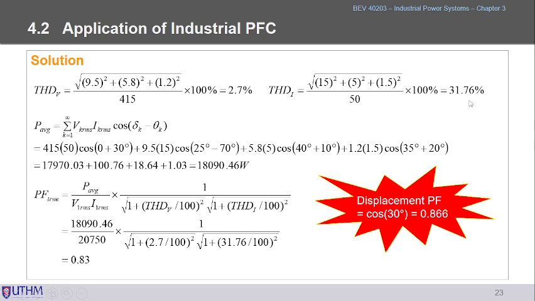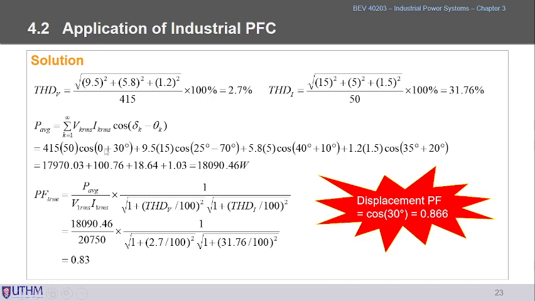It's too much, 31%. And the P average, how to find the P average? P average is the summation of V and I cos delta minus theta here. That means we start from k equal to 1. k equal to 1 is the fundamental. So this is the fundamental voltage 415 multiplied with the fundamental current 50, and then cos of delta minus theta.